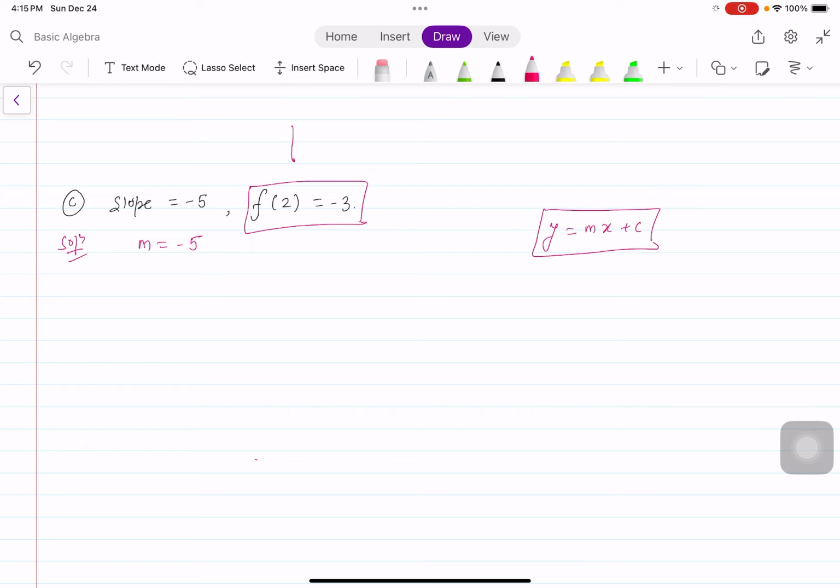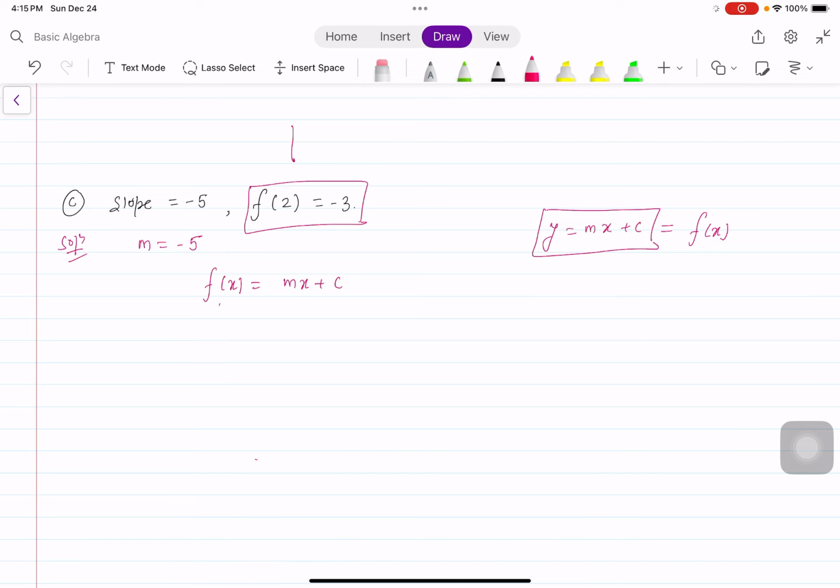So this also can be represented as f of x. So we will use these values over here. So we know m. So what is f of x? F of x is mx plus c, and we are given that f of 2 is -3.